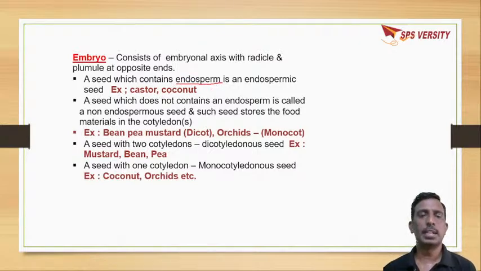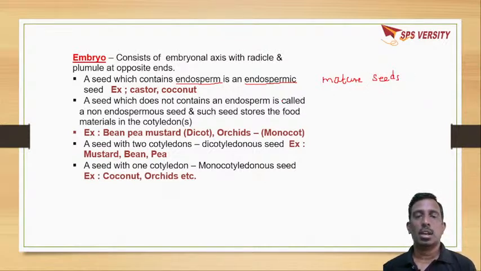So in some plants, like castor and coconut, endosperm is present. They are called endospermic seeds. When a mature seed has both endosperm and embryo, it is called an endospermic seed. And some mature seeds do not have endosperm. Not having endosperm does not mean endosperm is not formed at all.